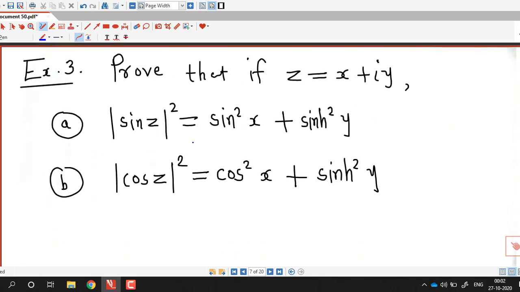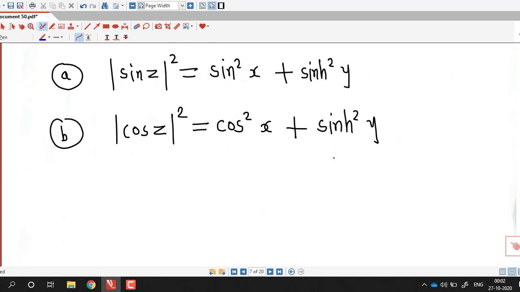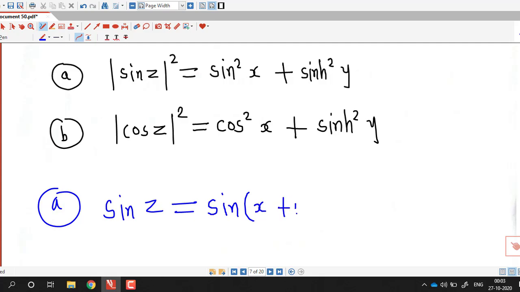Now here we are asked to prove that the absolute value of sin z squared is sin²x plus sinh²y. Same thing for cos z. So we try this part A, and part B is similar to part A. I am doing only one part, and first we have to find sin z in terms of its real and imaginary parts, which we just did in the above example.